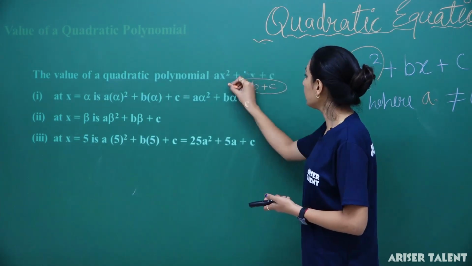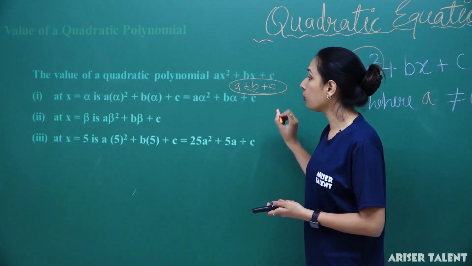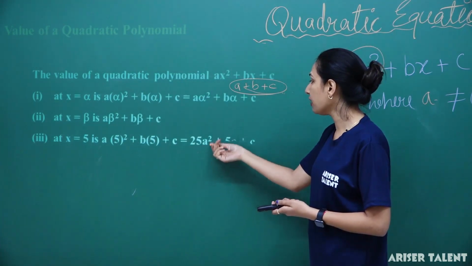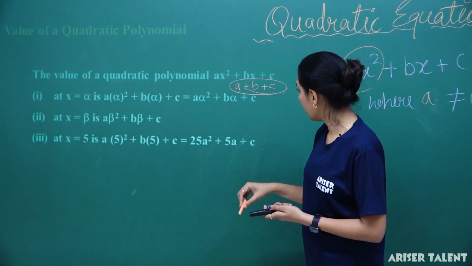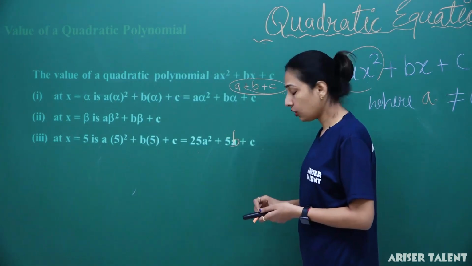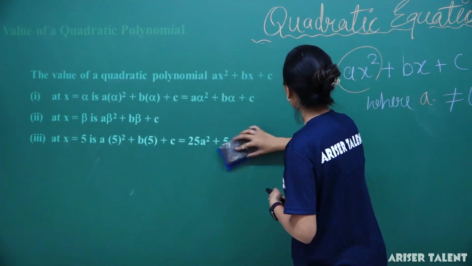That will be the value of this quadratic polynomial. At x equals to 5, this will be simply 25a plus 5b plus c. Okay, so this is what we call the value of a quadratic polynomial.